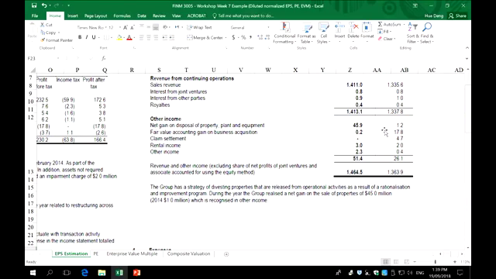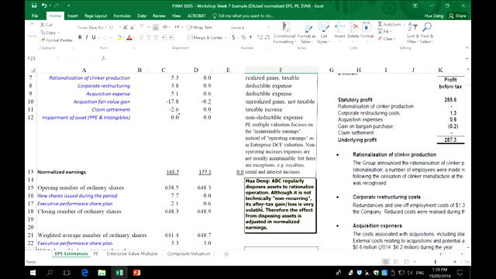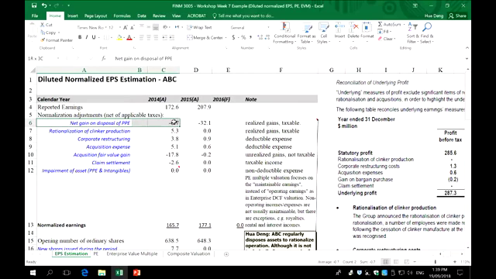We cannot forecast a maintainable value from the net gains of disposal of PPE. So in the normalization process, we're going to get rid of this. Any gains or loss from disposal of PPE will not be maintainable. Its impact, especially its after-tax impact, will be removed from the reported earnings.